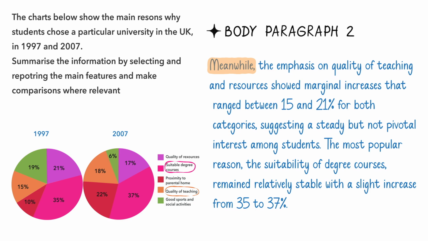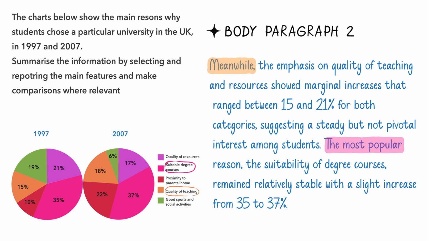That was 35 persons, right, in 1997, and it increased by 2 persons, right, and it reached 37 persons in 2007. However, it was the most popular reason in both years, as we mentioned in our overview paragraph, right?